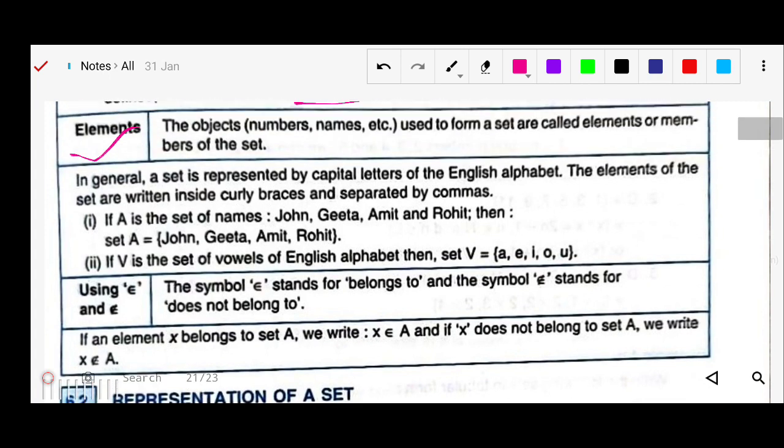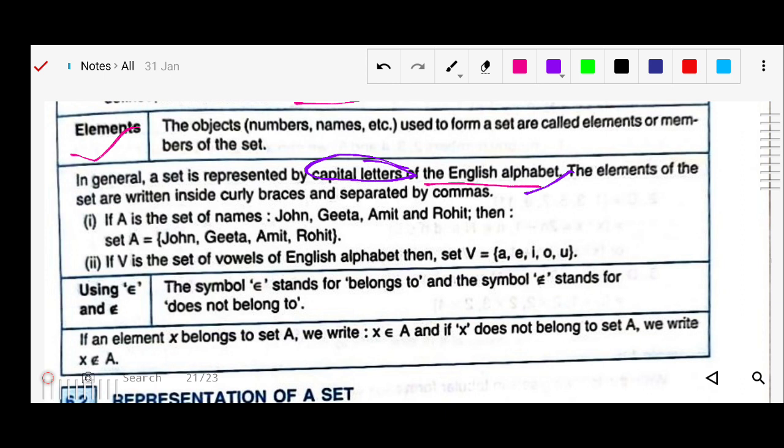In general, a set is represented by a capital letter of the English alphabet. So how do we represent a set? A set is always represented by a capital letter of the English alphabet. The elements of the set are written inside curly braces and separated by commas.